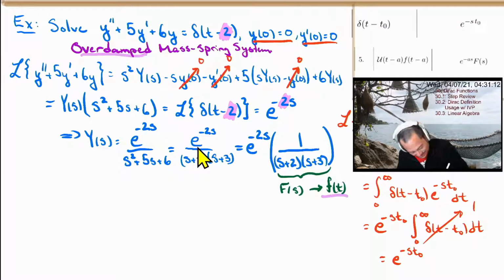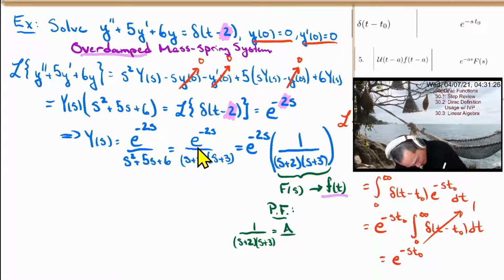And to see those exponential functions, I'm going to have to bust out a little partial fraction work right here. So I'm going to say that 1 over s plus 2 times s plus 3 is equal to a over s plus 2 plus b over s plus 3.